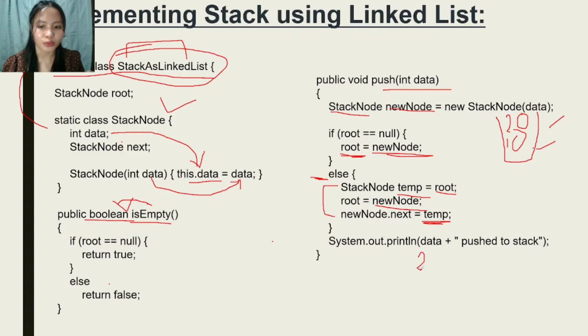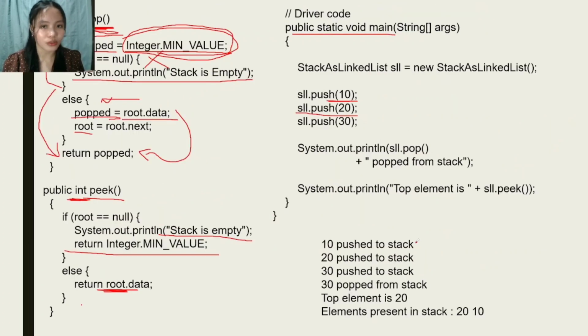Okay, let's put "20 push to stock." So there are already two elements, or two nodes, in our stock. Okay, 10 with a pointer, 20 with a pointer, the next. So let's go back to our main method.